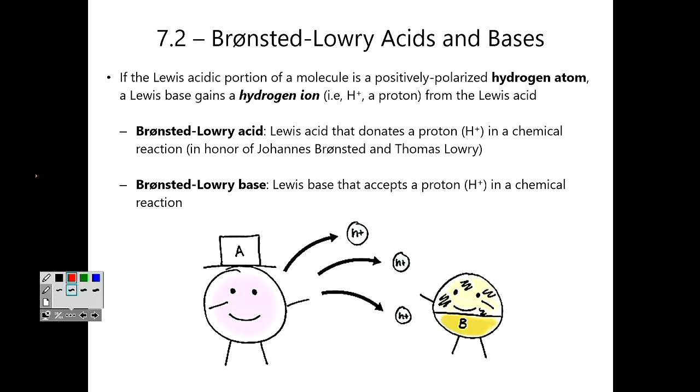So the formal definition is any substance, technically it's a Lewis acid, but what's specifically being provided is a proton. The species that picks up that proton by way of a lone pair, technically it's acting as a Lewis base, but if that Lewis base is specifically binding to a proton, that's when we now call it Bronsted-Lowry.